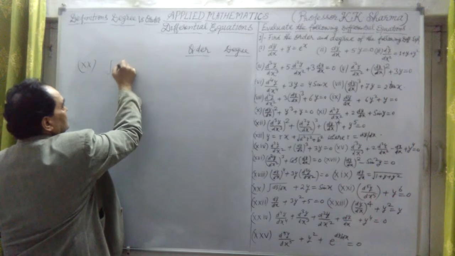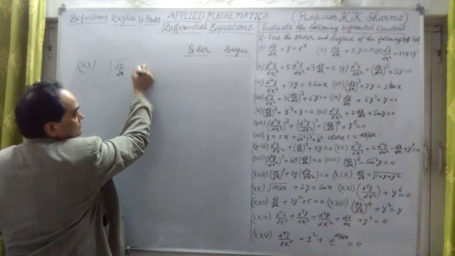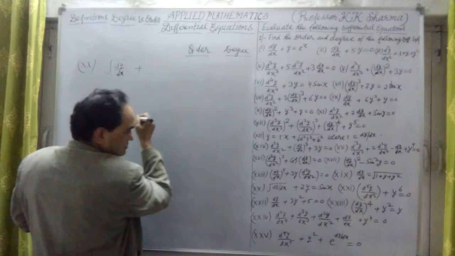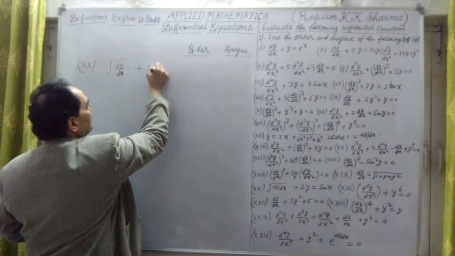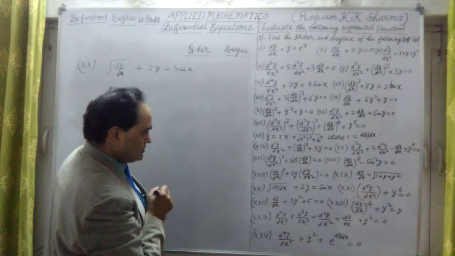Under the radical, it is square root of dy/dx plus square root of dy/dx plus 2y equal to sin x.